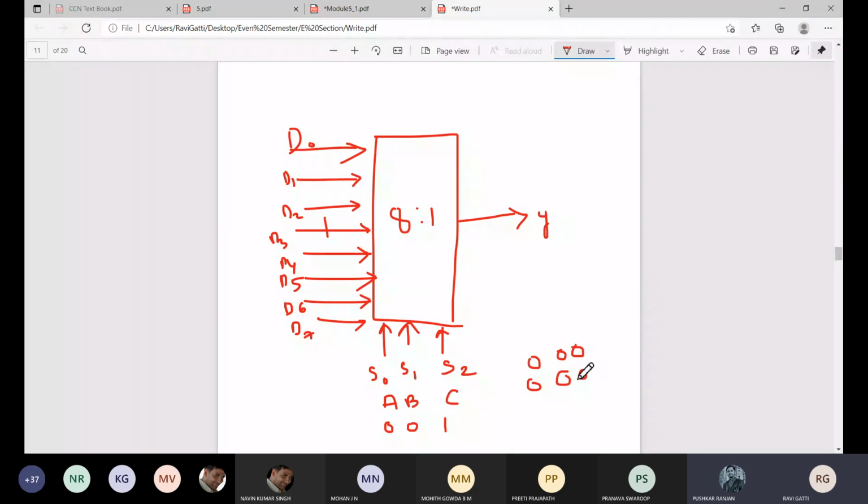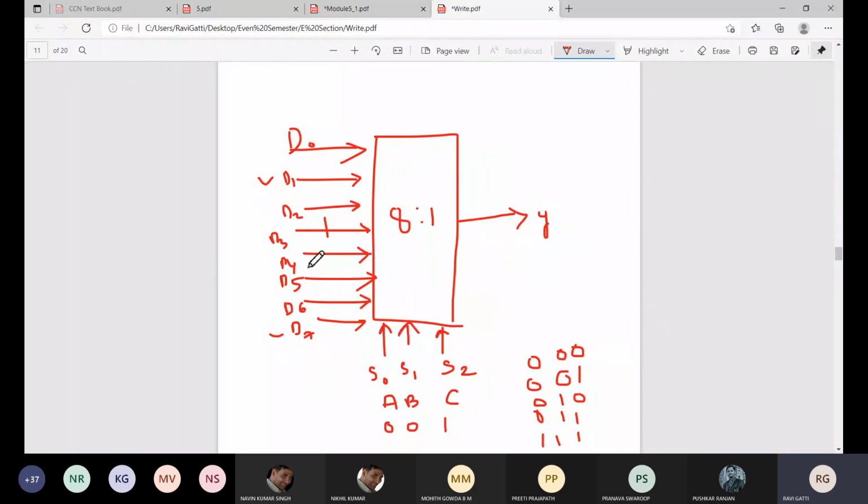And for 0 0 1, the next device, that will be D1, right? So D1 will be selected. Is that clear? Like this it goes on. 0 1 0 means D2 will be selected. Next 0 1 1, D3 will be selected. The last device, 1 1 1, means D7 will be selected.